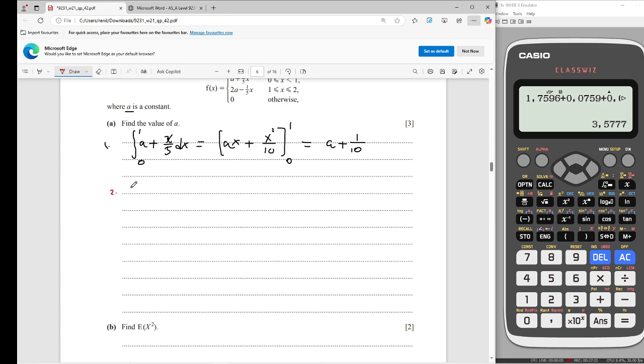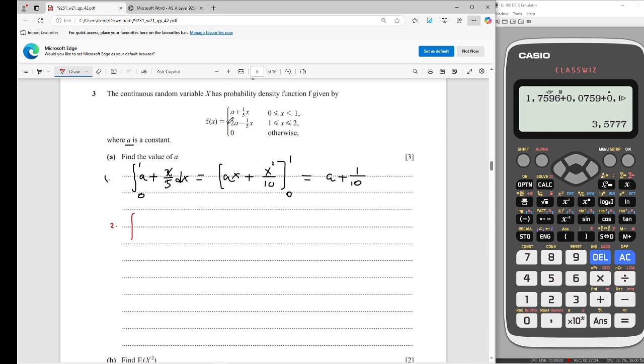Next part, I'm going to denote in red. Let's integrate this function right here, 2a minus x by 5, with respect to dx obviously. When we integrate this function, we get 2ax minus x squared over 10.